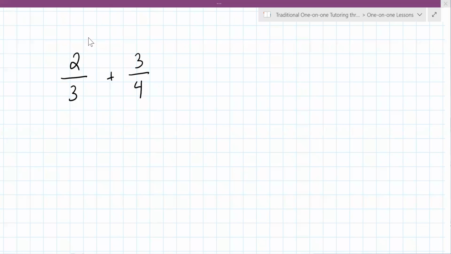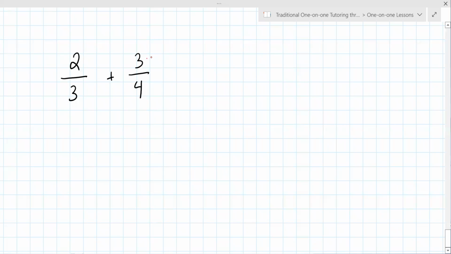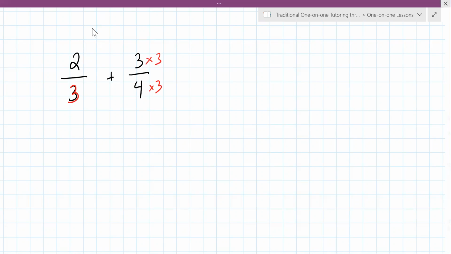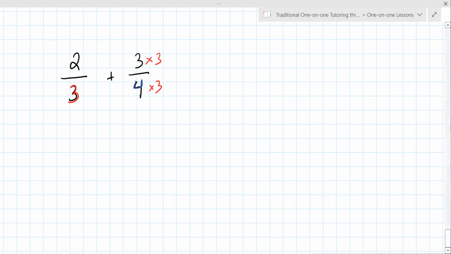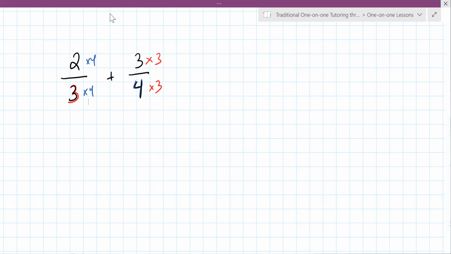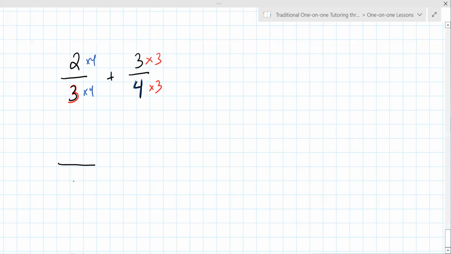So on the right, you would multiply by 3 because of this 3 on the left. And then similarly, 4, you multiply both of these numbers by 4. You should always get the same bottom. It's 12 on the bottom, 8/12 plus 9/12. What does that add up to?